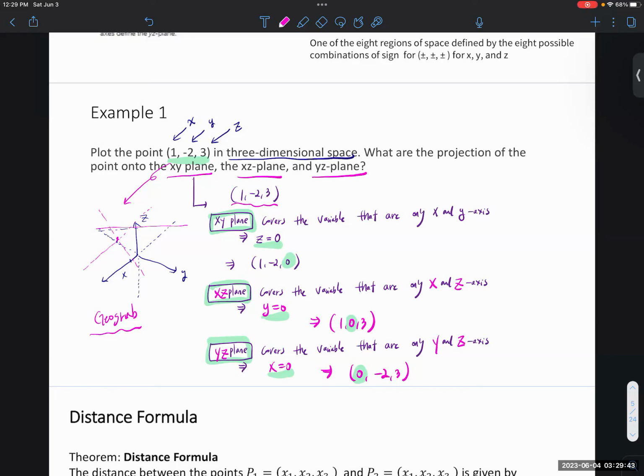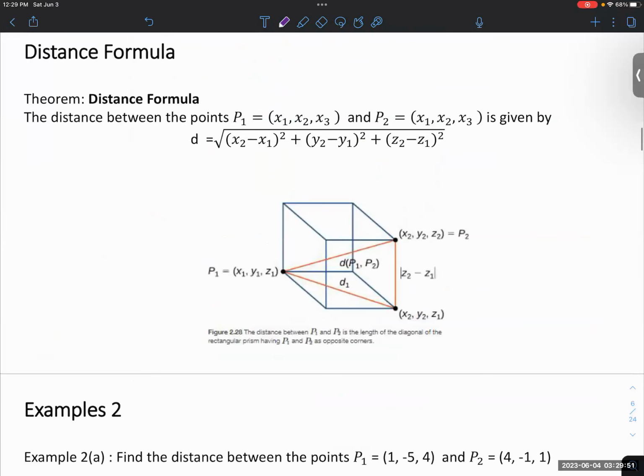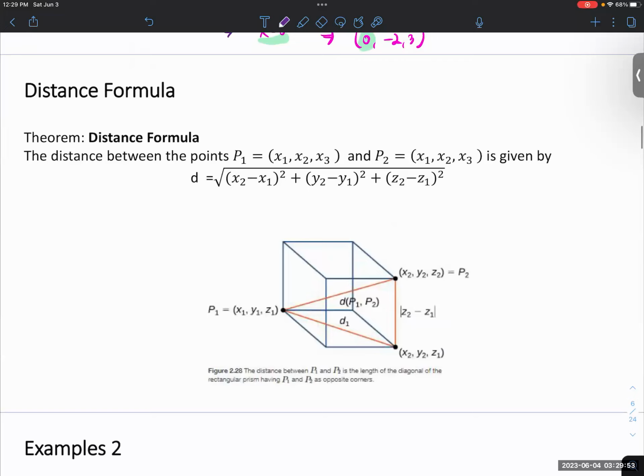Let me keep going, because I'm going to show you many small concepts here. Let's take a look at the next concept, the distance formula. If you remember in the two-dimensional vector system, you have an initial point and a terminal point. Let's say we have A and B. You were able to find the distance, the length, which means the magnitude.